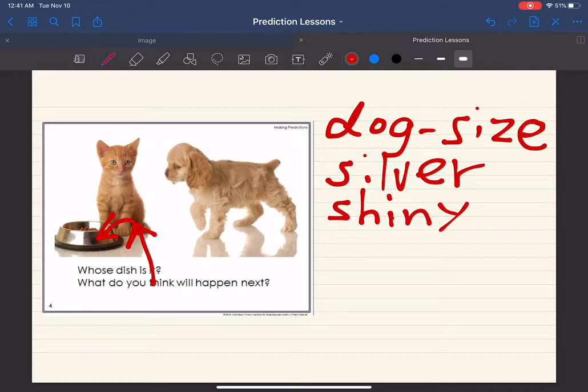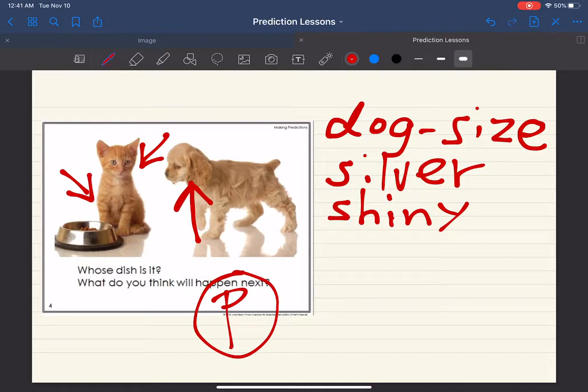And so I might definitely have a pretty close prediction of what might happen next. But one thing to look at too, boys and girls, is the body language of this cat. Look at the cat's face. Does the cat look nervous, stressed, or upset? And then look at the puppy. That is also going to have an effect on which prediction you're going to make.